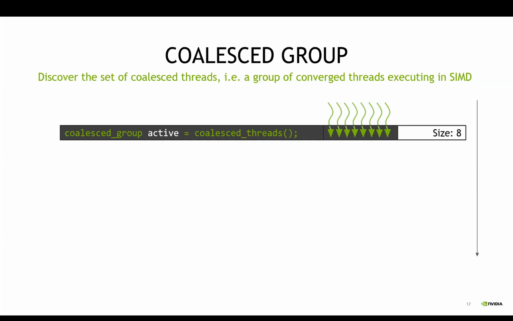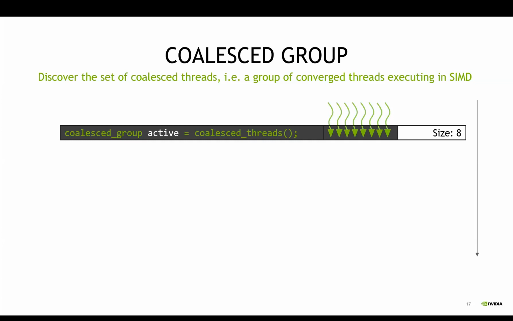So we're going to start out by asking that question. We're going to say, tell me which threads are currently executing together, currently executing in lockstep, currently converged. And if we drill into the execution, it's going to be some pattern of threads within a warp. So if we think about 32 threads within a warp, there's some group of those threads, not necessarily all adjacent, that collectively are executing in lockstep on this instruction.